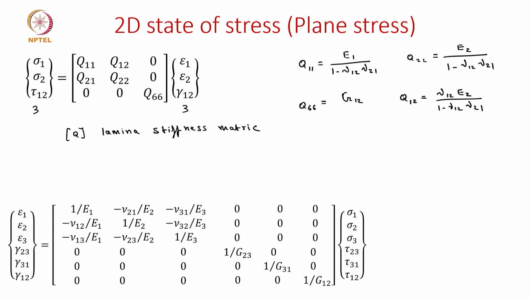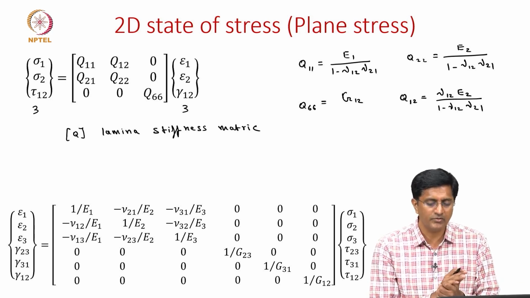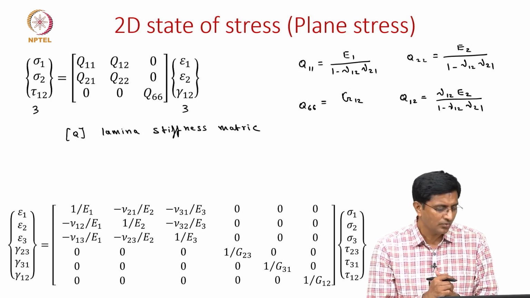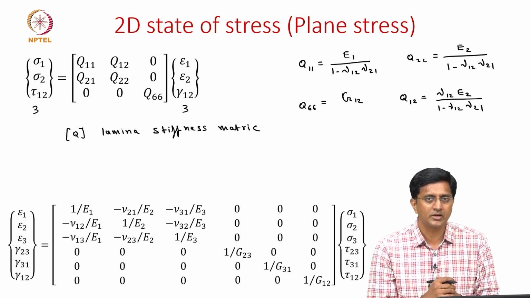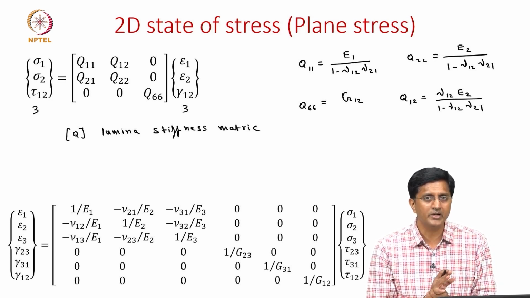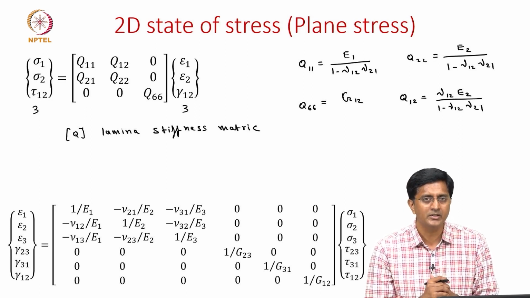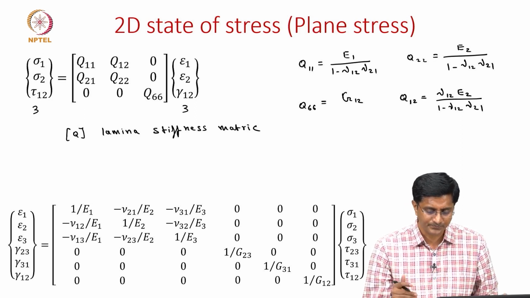So, with these 4 components we should now be able to define this laminar stiffness matrix. So, effectively in this slide and in the previous slide we are able to show the relations for stress and strain as well as the strain stress relations for plane stress conditions. But bear in mind we are only discussing the specially orthotropic materials, meaning the choice of our coordinate system is perfectly aligned with the material coordinate systems.